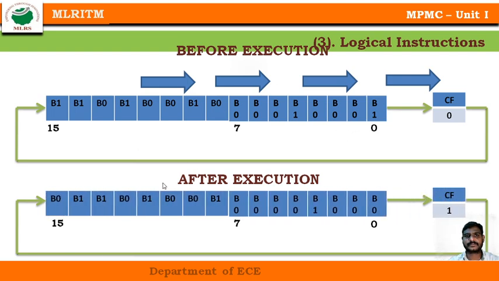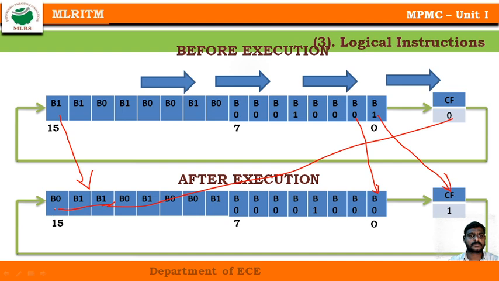The carry flag is filled with the bit from position B0, the 1 from B1 is moved down, and the carry bit, the 0, is transferred to the B15 bit. This is how rotate right through the carry happens.